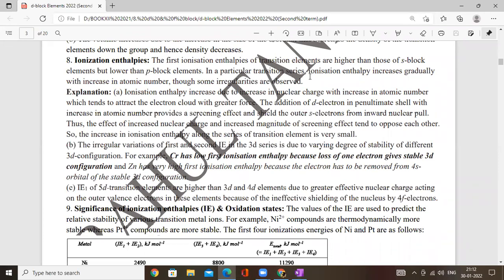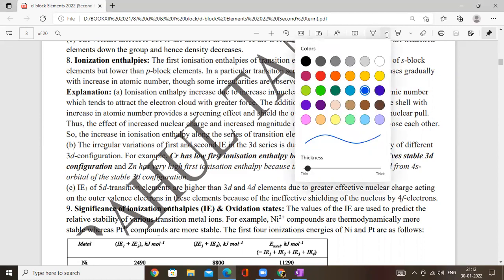Those irregularities are because of what? Number one, electrons are always being added into the penultimate shell. That means, when I am talking about the transition elements, the electrons are always being added into the penultimate shell.